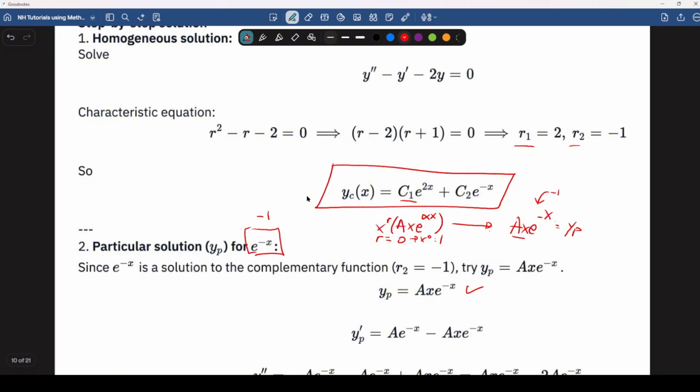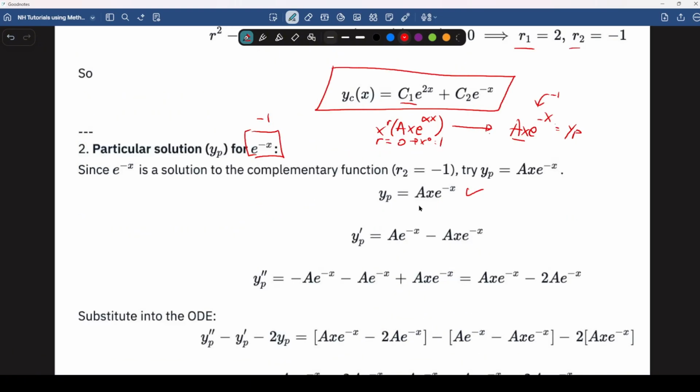So the derivative of yp will be yp prime. Because this is a multiplication between a function of x and e to the power of negative x, we have two terms in here: one is x and the other is e to the power of negative x. So we have to use the product rule to take the derivative. You can imagine x is our u, and e to the power of negative x is our v.